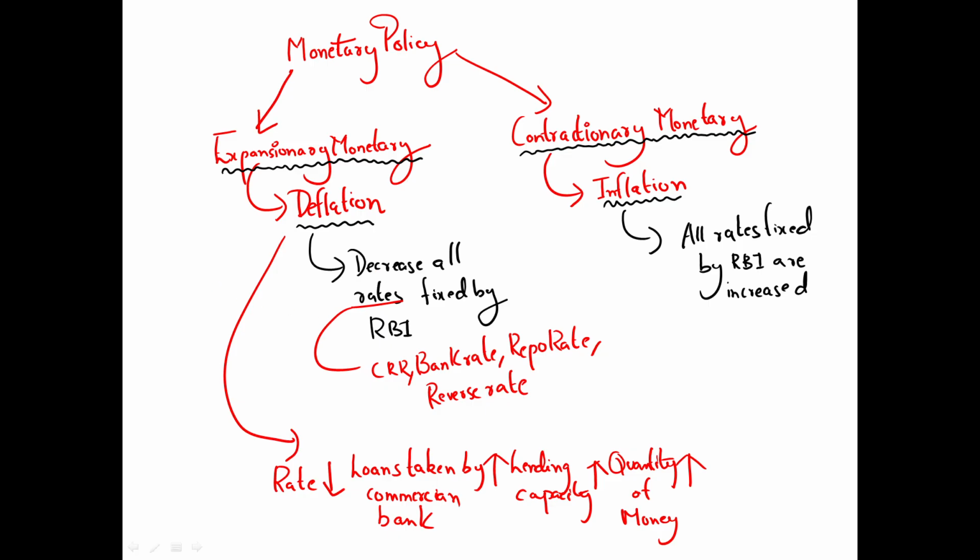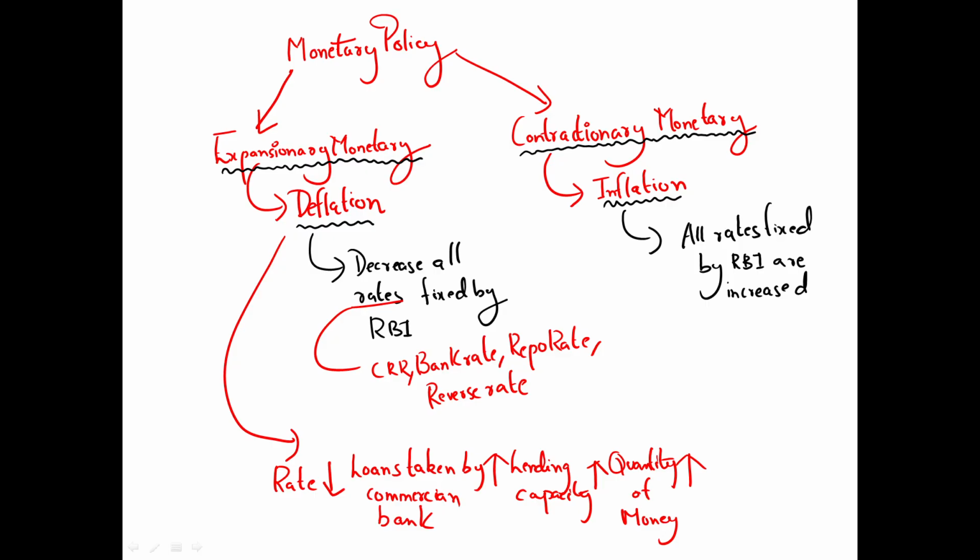RBI has two monetary policies: expansionary and contractionary. During deflation, RBI implements expansionary monetary policy, as there is no money in the economy. To pump money into the economy, RBI decreases all the rates fixed by the central bank.